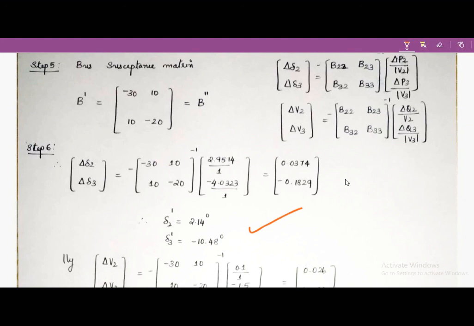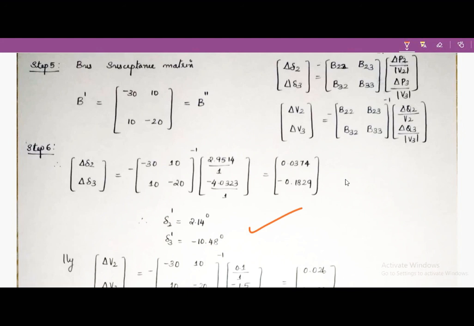So in a university question, if a problem in the Gauss-Seidel method and the fast decoupled load flow method is asked as a choice, I strongly recommend that you opt for the fast decoupled load flow method, because there is calculation simplicity in it. The matrix will be a maximum of 2 by 2 or so, and you'll be asked to perform only one iteration as well.